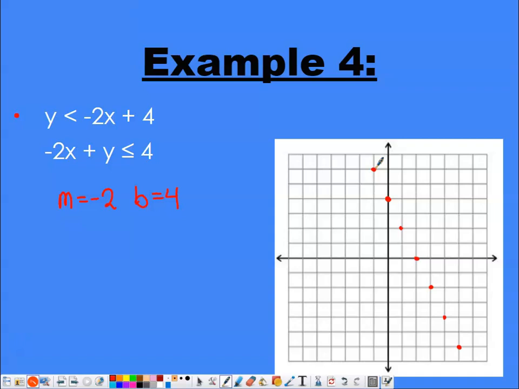Make sure you use a dashed line. Less than, let's test the ordered pair 0, 0. So we have 0 is less than 4.